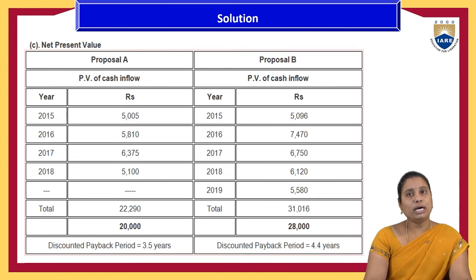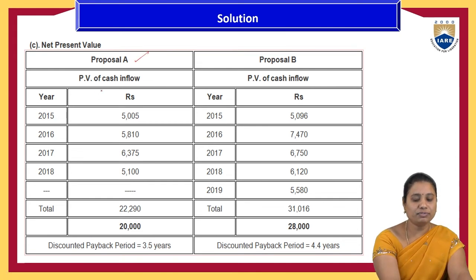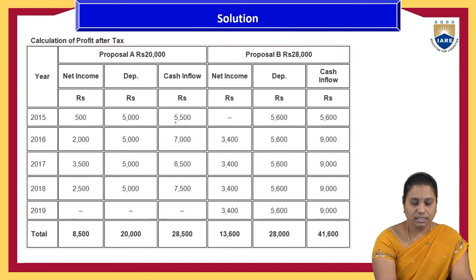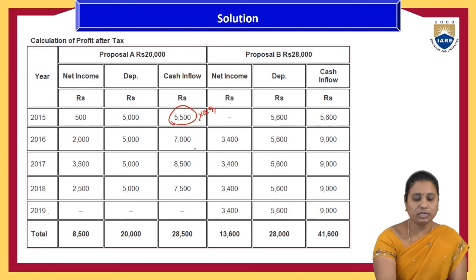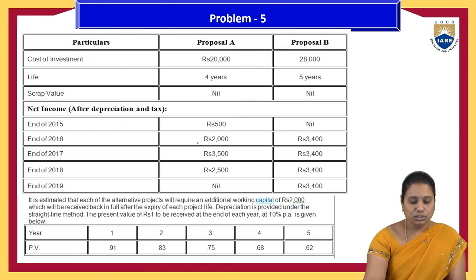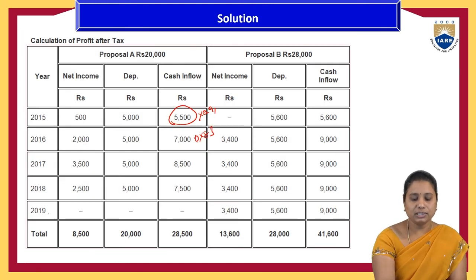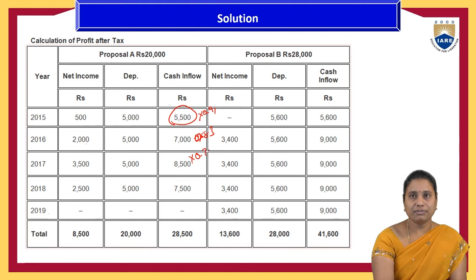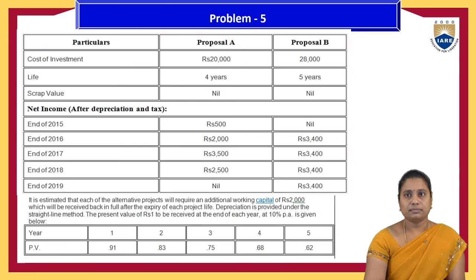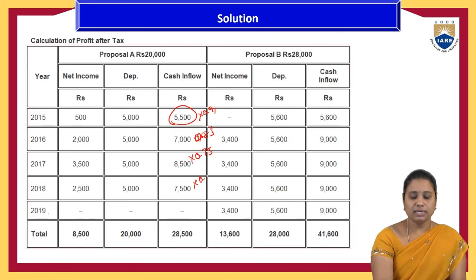Now, the net present value. For proposal A, the present value of the cash inflows, that is 5,500 rupees. So here it is 5,500 into the present value factors: first year 0.91, second year 0.83, third year 0.75, fourth year 0.68.